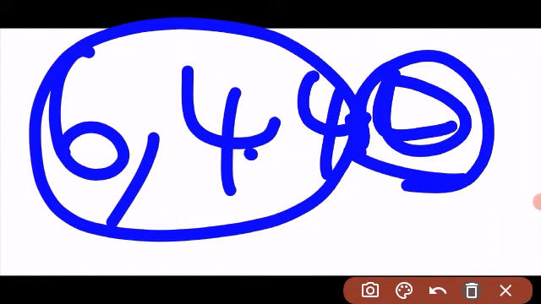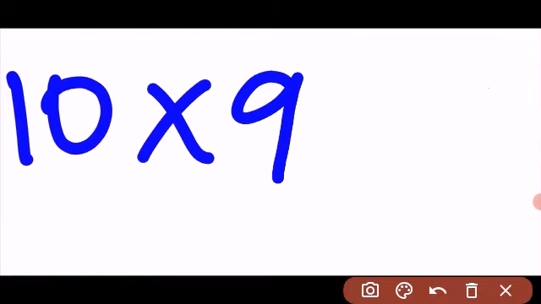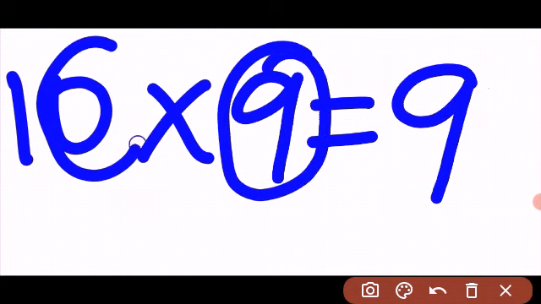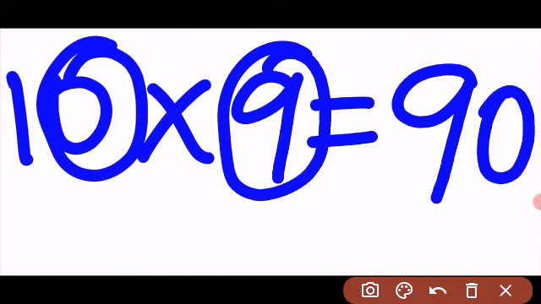Okay, so that's the way it goes. Let's say 10 times 9. What will it be? You write your 9 again here, and then you write this 0 here. That's 90. 10 times 9 is equal to 90. So easy.